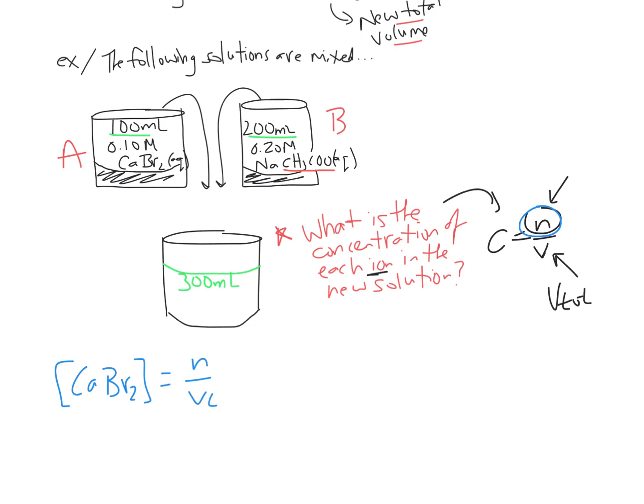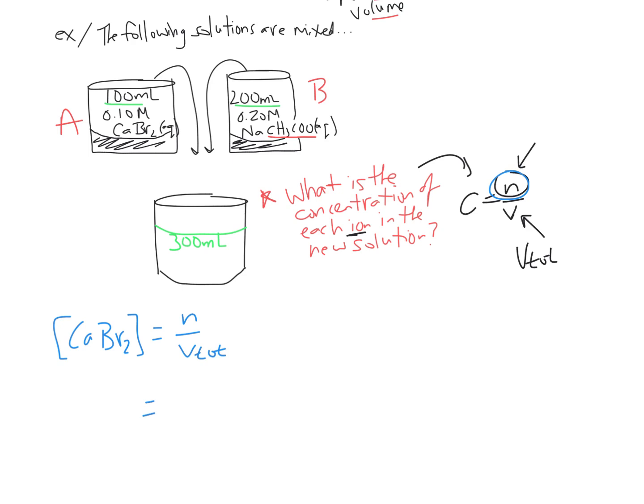We figured out that the new total volume is 300. We'll write that in. But how many moles of calcium bromide are there? Well, moles is going to be concentration times volume of the initial solution. Maybe I should call it A: concentration of A times volume of A, over V total, which is going to be 300.